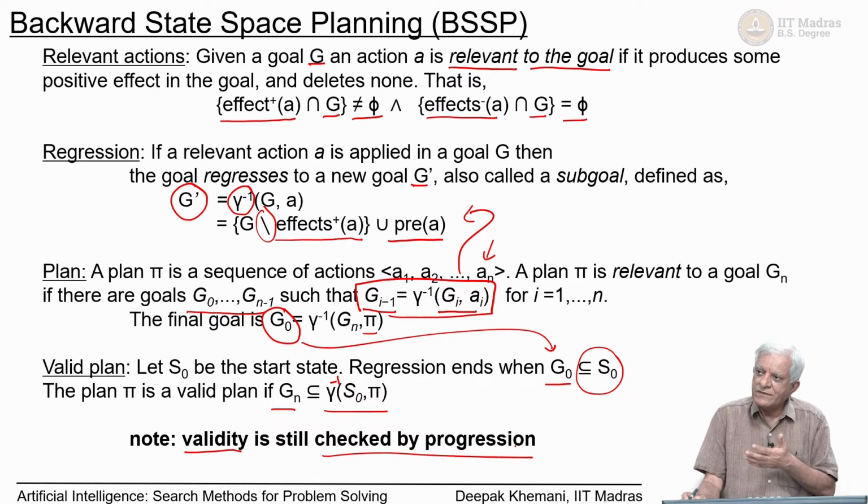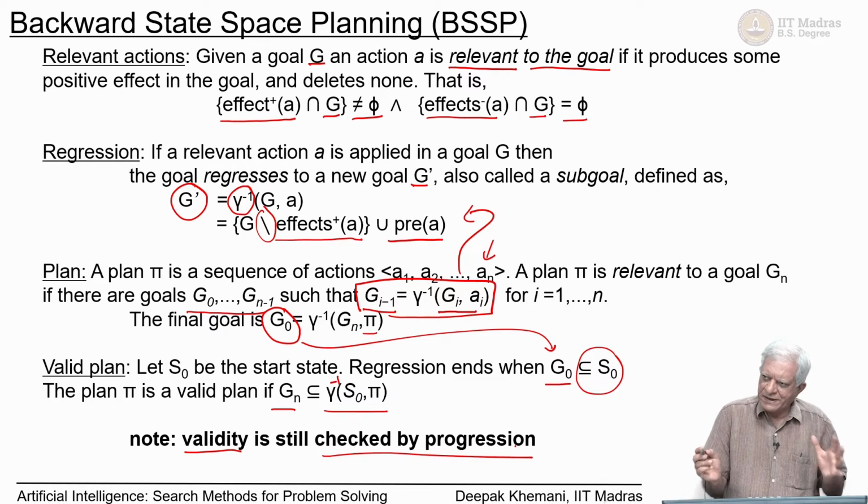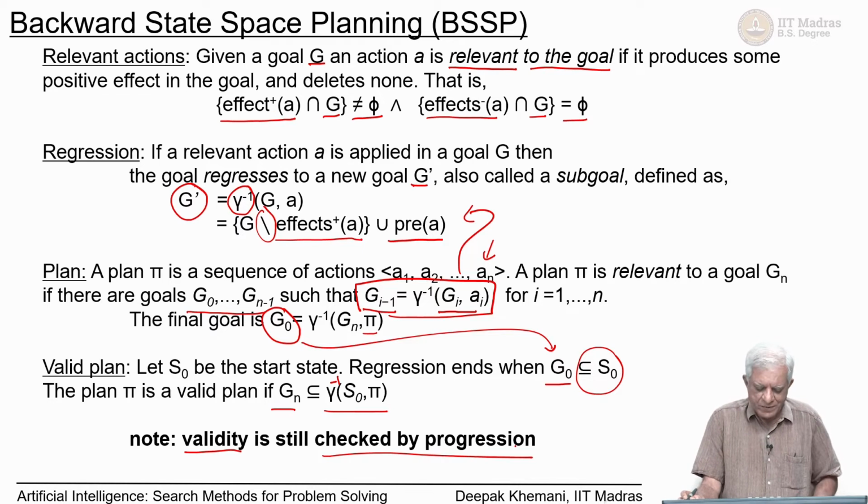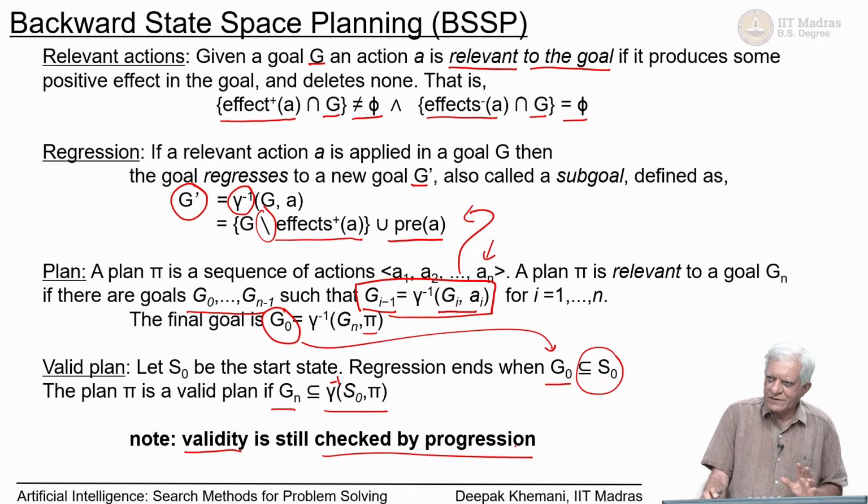So there are only two relevant actions, whereas in forward state space planning, because the state description is complete, there are many applicable actions. That many versus few is what gives an advantage to backward state space planning, but we will see in a moment that there can be problems that we have to address.